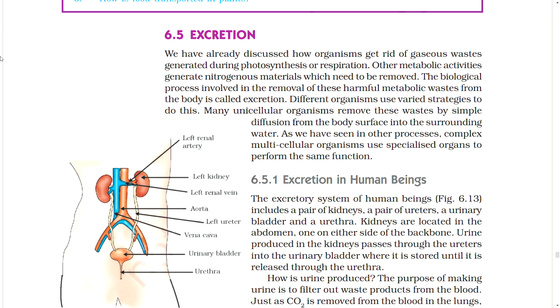Different organisms use various strategies to do this. Many unicellular organisms remove these wastes by simple diffusion from the body surface into the surrounding water. As we have seen in other processes, complex multicellular organisms use specialized organs to perform the same function.